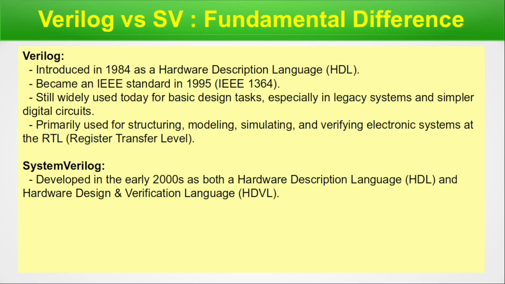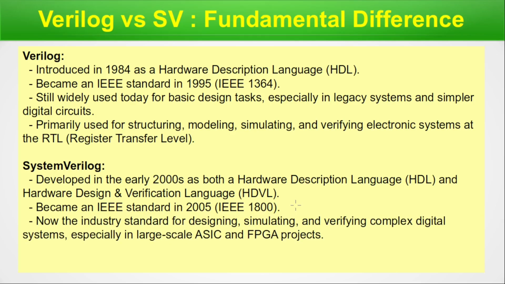Now let us move on to the next point. It became an IEEE standard in 2005, and the standardization number is mentioned here. In 2005, SystemVerilog was officially recognized as a global standard, making it consistent and widely accepted for use. Today, SystemVerilog is the go-to choice for creating and testing large and complicated digital systems, such as those used in advanced SoC chips and programmable hardware.